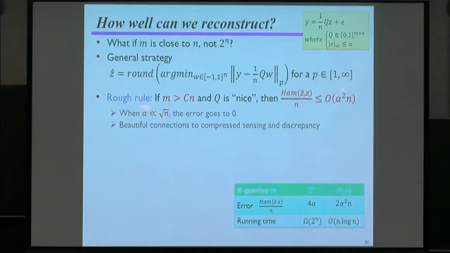So as soon as alpha is less than about 1 over the square root of n, I'm sorry, there's another typo, the 1 over is missing here, the error goes to 0.